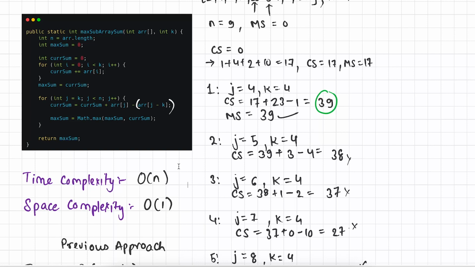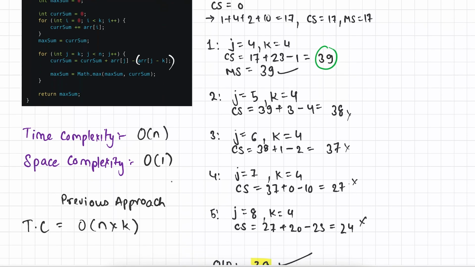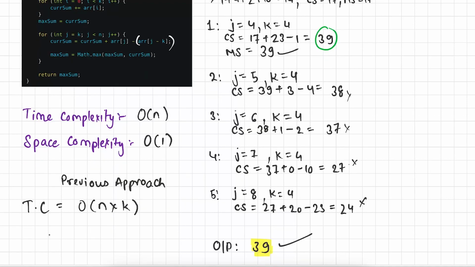So overall this approach took big O of n time and big O of 1 constant space to solve this problem. Now if you compare this approach with the previous approach, the time complexity of the previous approach is big O of n into k, and this is considerably larger than big O of n, isn't it? If n is equal to 100, then this time complexity comes out to be 100.